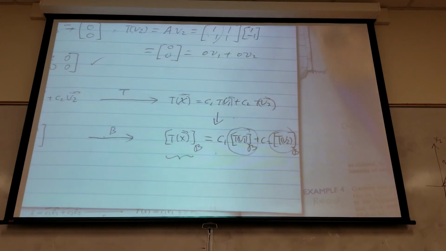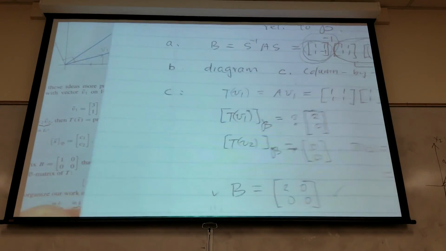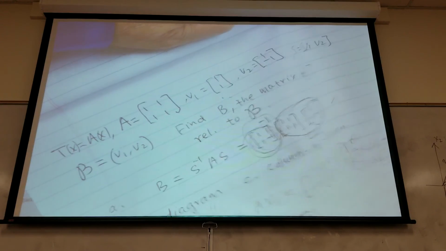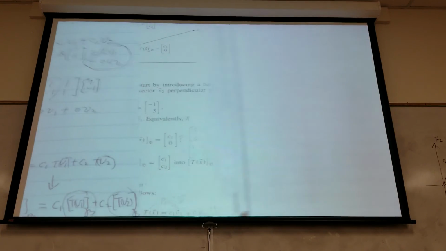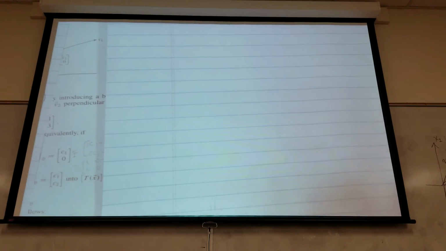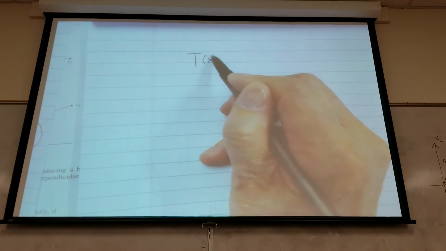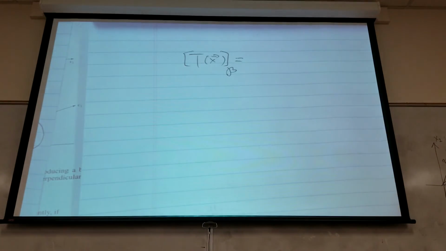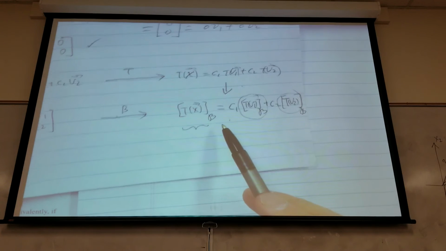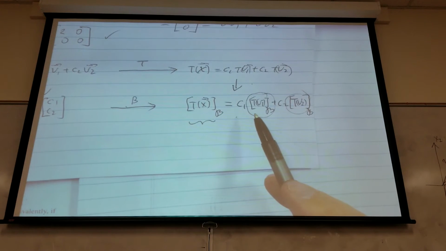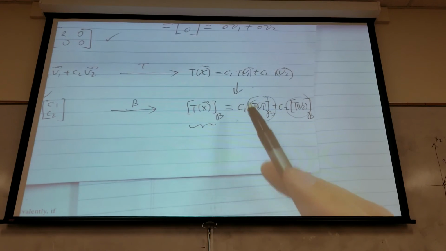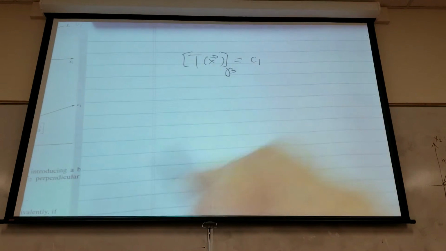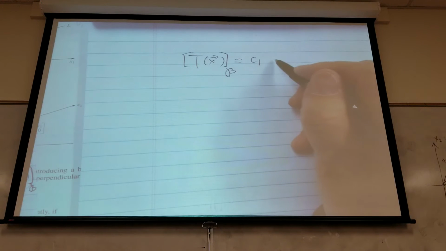So, to continue, I need to find the coordinate of T of X. I'm just copying down the left hand side and then C1, and then I need to find TV1.